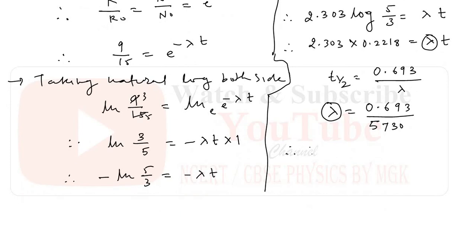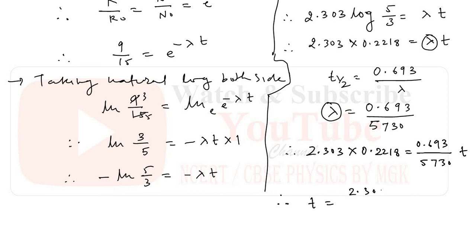So now we place the value of lambda. After placing, we will get 2.303 multiplied by 0.2218 is equal to 0.693 divided by 5730 whole multiplied by t. So we make t the subject.